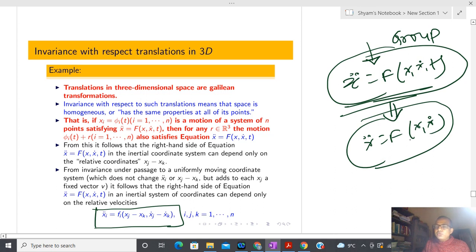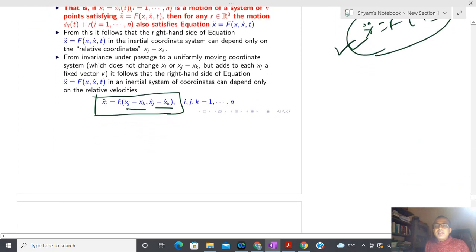So it is possible to show that if I need some kind of invariance with respect to translation, then the right hand side should depend on the relative position and relative velocity. So due to that reason, there is no need to explicitly calculate the position, just the relative position and relative velocity. If I know them, then I am able to predict the future. That is the meaning. Now let us come to the last one.